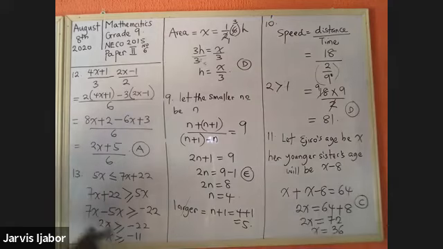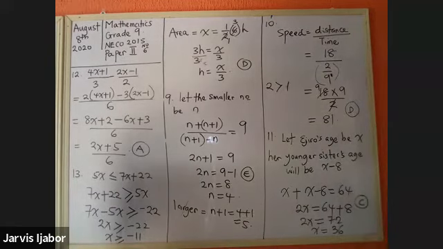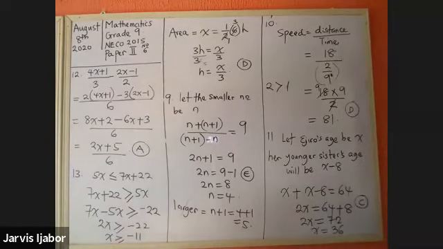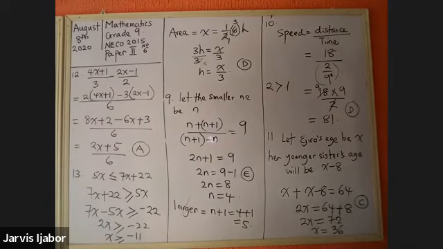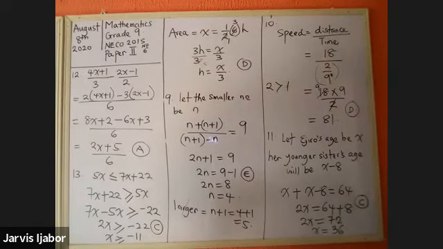How? If I divide both sides by 2, I'm going to get 11. So that answer becomes negative 11. And what option is that? That option is C.